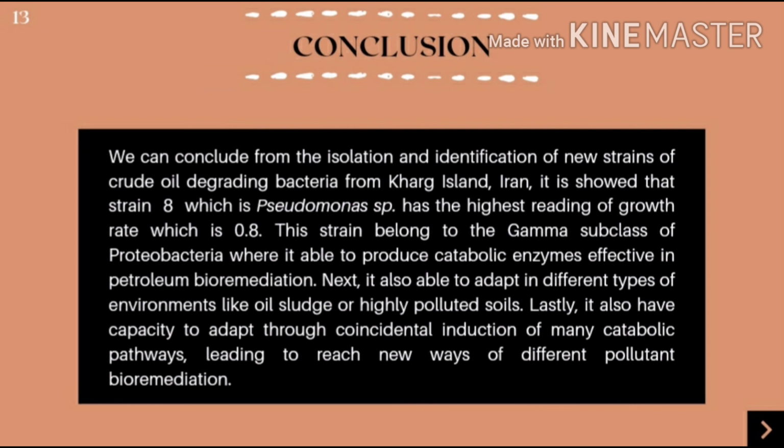This strain belongs to the gamma subclass of Proteobacteria, where it is able to produce catabolic enzymes effective in petroleum bioremediation. Next, it is also able to adapt in different types of environments like oil sludge or highly polluted soils. Lastly, it also has the capacity to adapt through coincidental induction of many catabolic pathways, leading to new ways of different pollutant bioremediation.